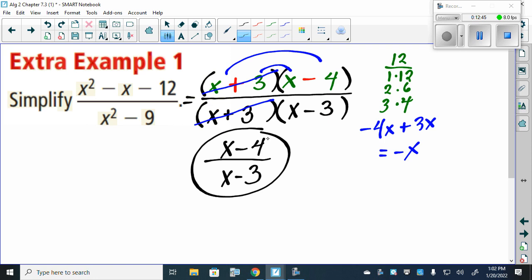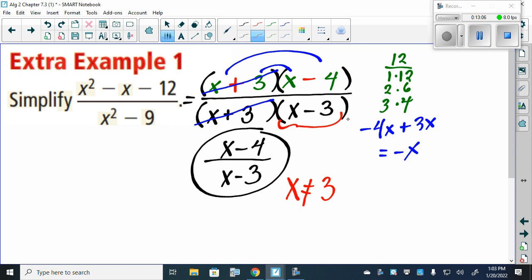Now, I didn't ask for us to find the restrictions, but if we did, well, we know that x can't be positive 3, because if it's positive 3, the x minus 3 would be 0.